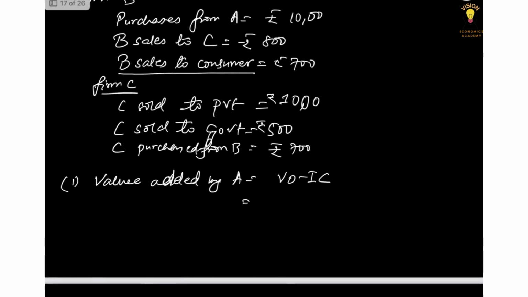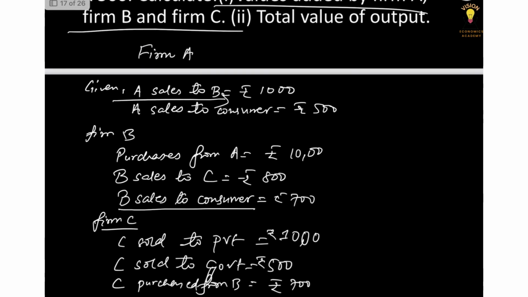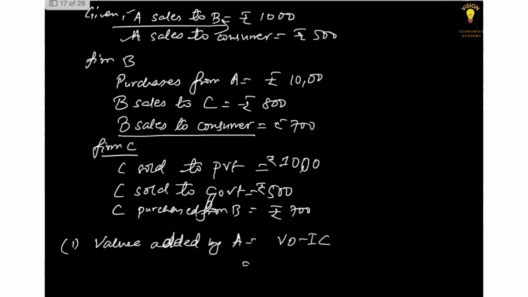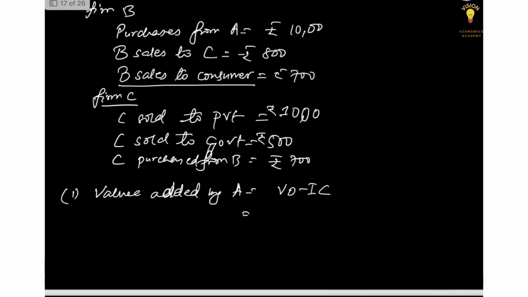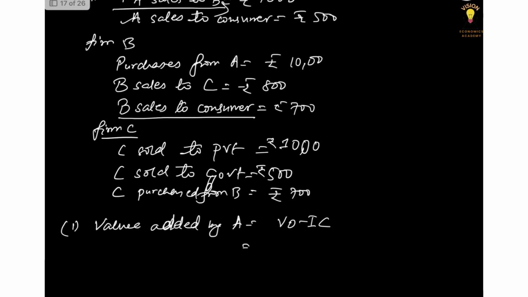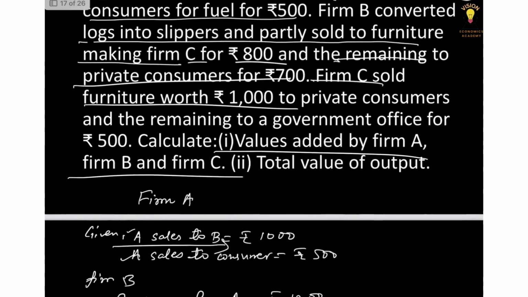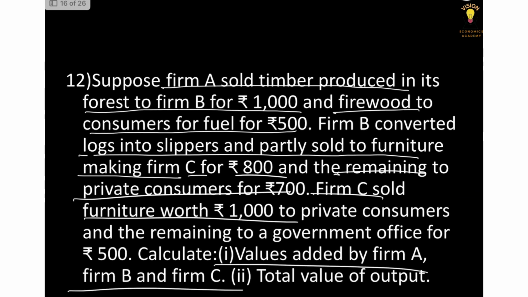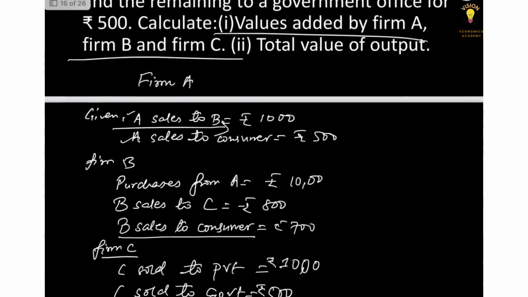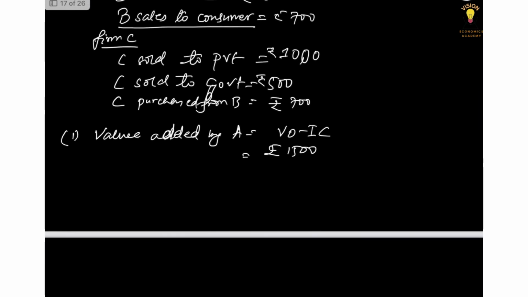So, value added by A is sales of 1000. Here also sales is there, change in stock is not there. So total sales of A is 1500. So rupees 1500. Now what is the unit given over here? The unit is not given, so we'll just write 1500. That is the value added of A.